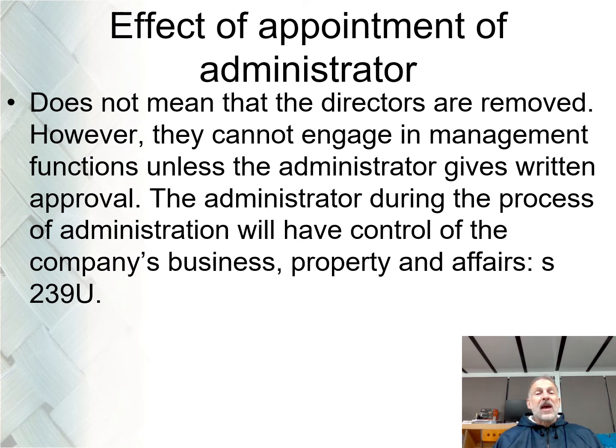However, they cannot engage in management functions unless the administrator gives written approval for them to be able to do that. The administrator during the process of administration will have control of the company's business, control over the property and affairs, people, and this is all according to Section 239U.